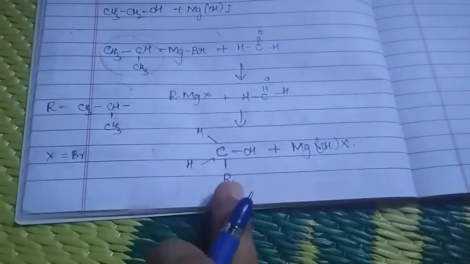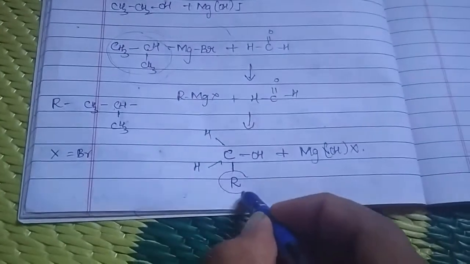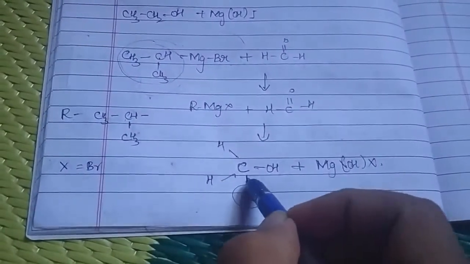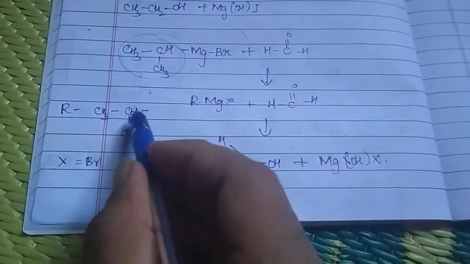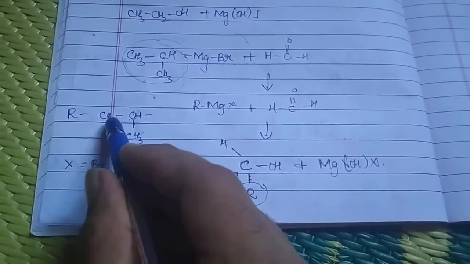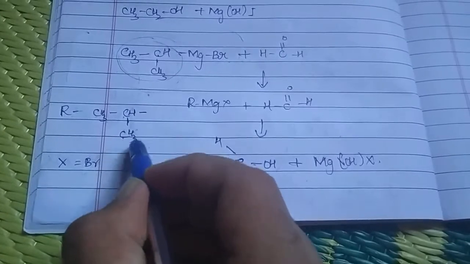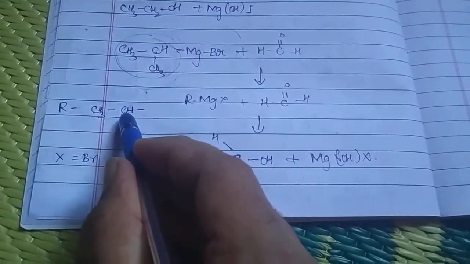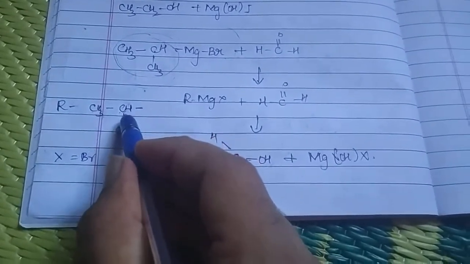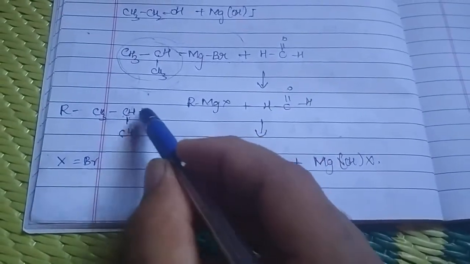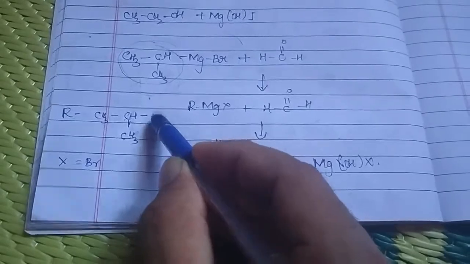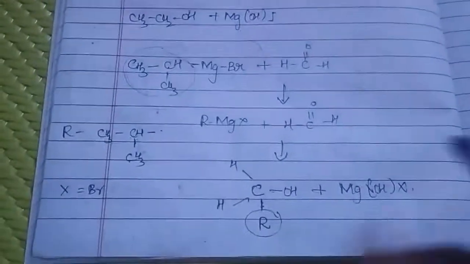Now this R I have to substitute, and remember this bond, where it gets bonded to this carbon. You just have to check it. This carbon has four valencies. How many valencies does this carbon have? 1, 2, 3. Yes or no? So in order to generate this, a bond has to be attached here.